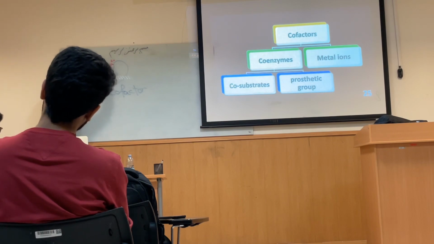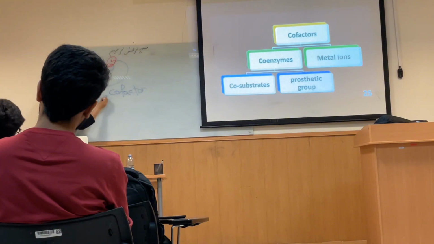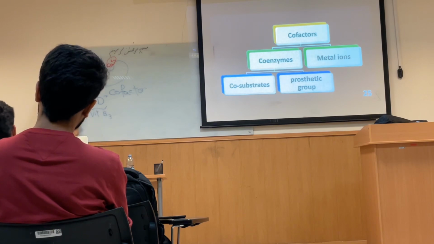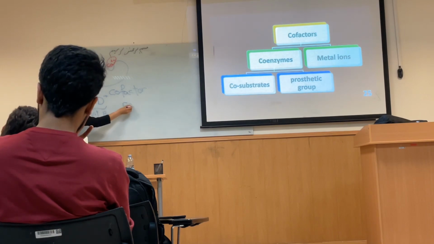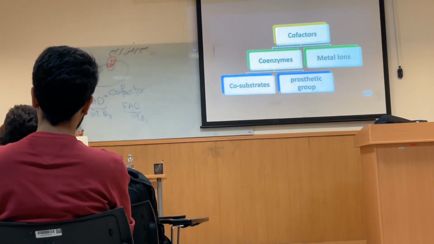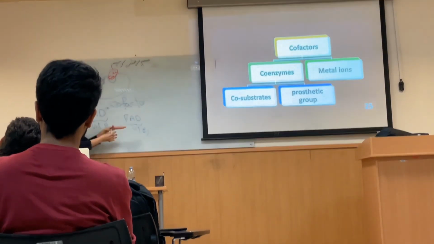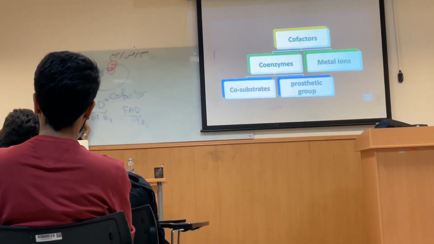Yeah, those enzymes need calcium, for example. This is a cofactor of this enzyme. Another enzyme, for example, needs NAD+, which is actually vitamin B3, or FAD, which is vitamin B2. Okay, these are cofactors, but to differentiate them from metal ions, we call them coenzymes.